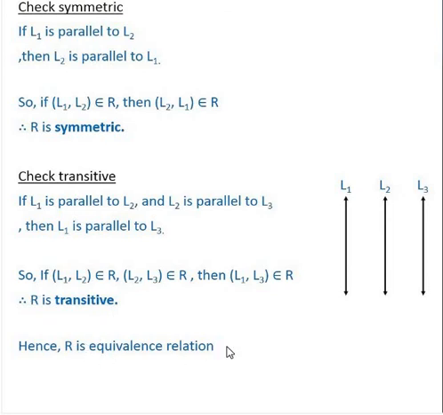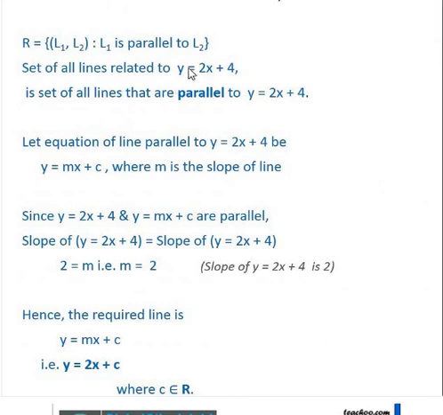Now we want to find all the lines which are parallel to the given line, y equals 2x plus 4. So how to find it? In 11th standard we discussed that the family of lines which are parallel to ax plus by plus c equals 0 is ax plus by plus any other constant.